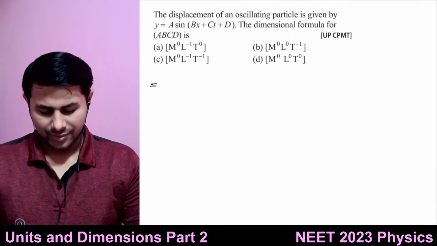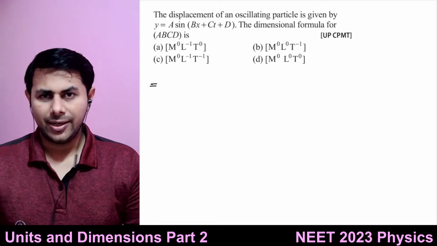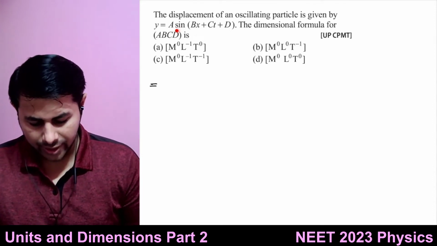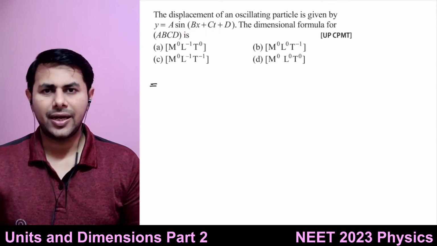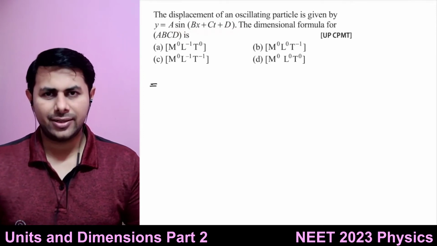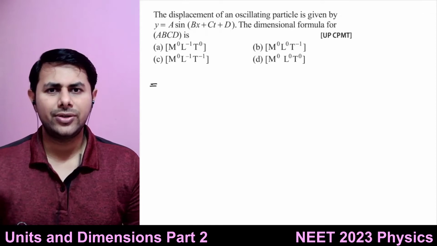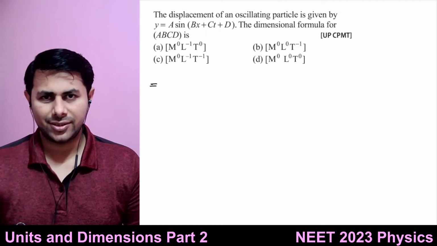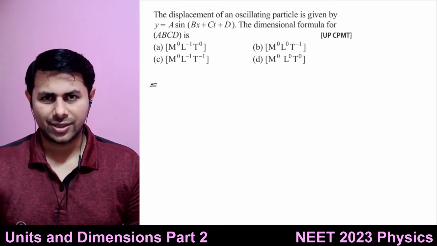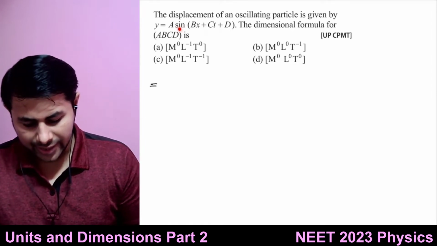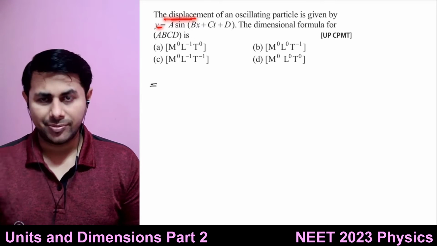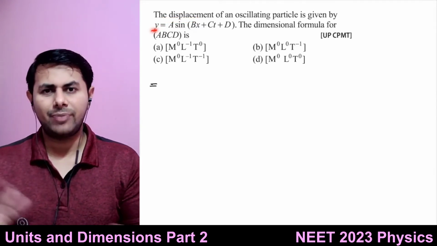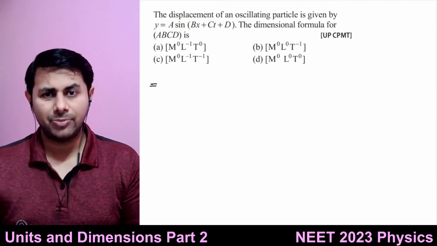L. Yes, it should be L, because here we have a sine function, and the sine function of any angle will give you a number which is dimensionless. So this is dimensionless, and we have this formula for the displacement. That means the quantity on the left hand side is displacement.